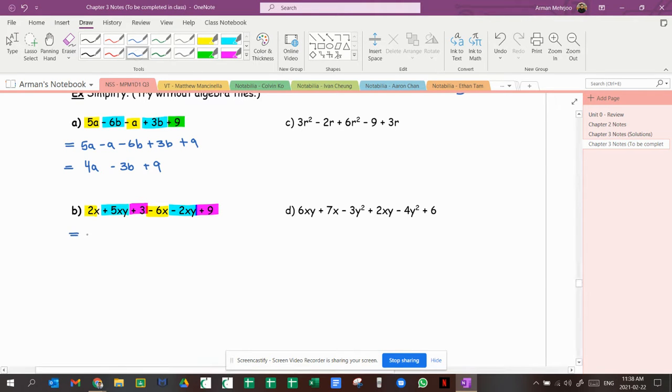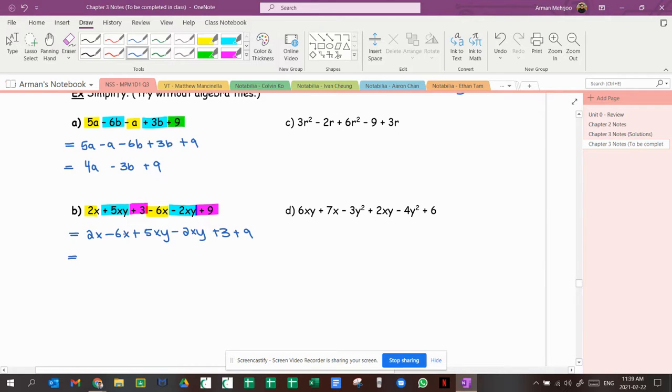So let's see. 2x minus 6x plus 5xy minus 2xy plus 3 plus 9. I really like highlighting or coloring my like terms because it makes it really easy for me to group them up after. I hope you find it just as easy as I find it.